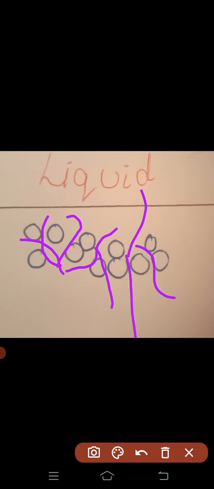You can see that I can get some space, not so much, but I'm able to draw one full line. And here also more space is there. Here also I'm able to draw more. Means I'm able to see so much space here in the liquid.